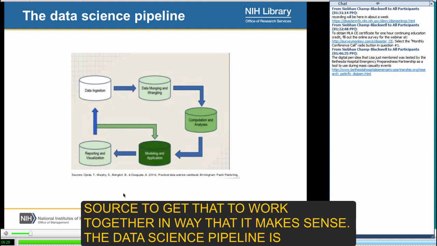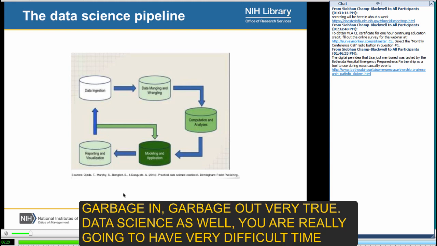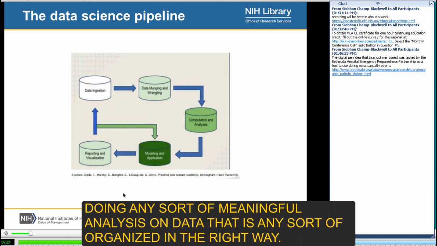So this phase of the data science pipeline, this wrangling or munging or whatever you want to call it, is one of the most important phases because of that saying you may have heard from computer science, garbage in, garbage out. Very true in data science as well. You're really going to have a very difficult time doing any sort of meaningful analysis on data if it's not organized in the right way.